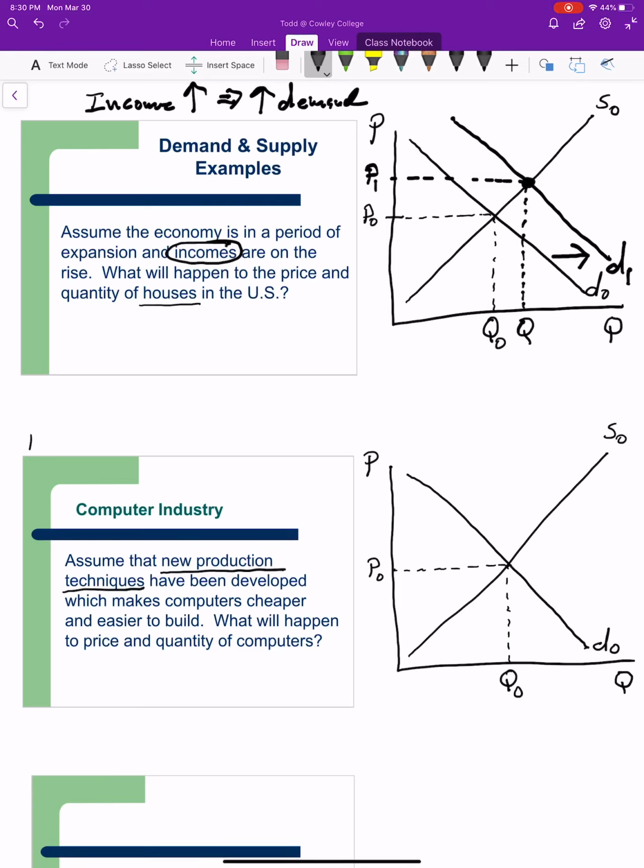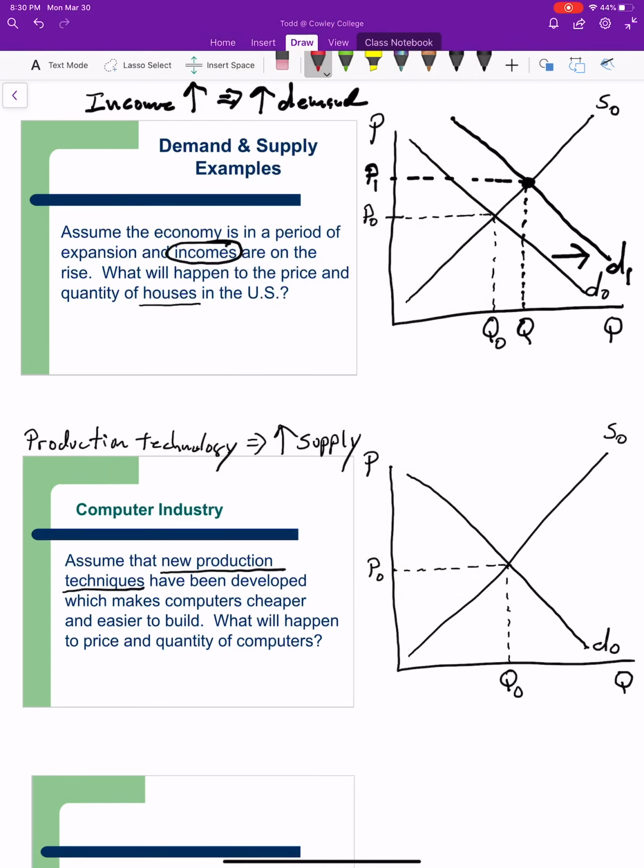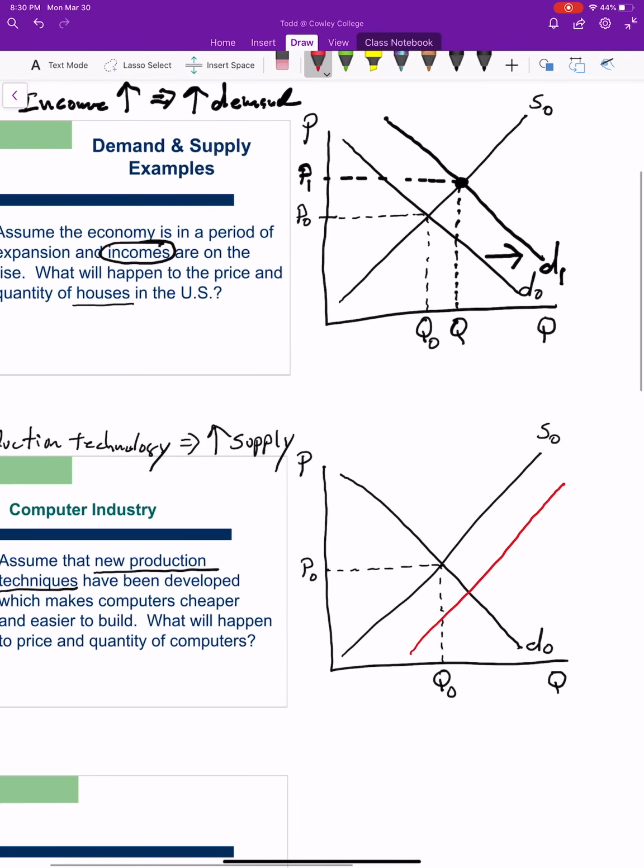And changes in production technology is actually your third shifter of the supply curve. And remember, when technology increases, there's always an increase in supply. So what you'll want to do is go to your graph, and when you increase supply, you're going to shift your supply curve out and to the right.